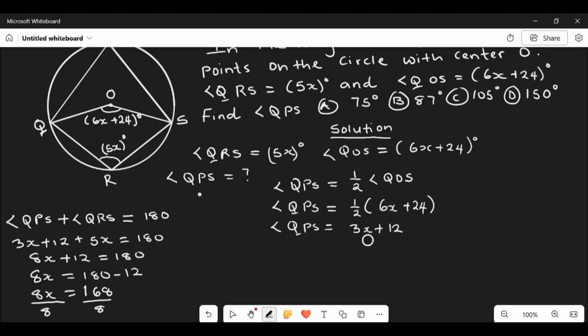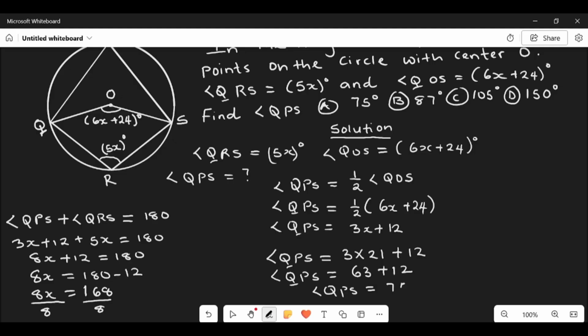So let us substitute the value of x into this equation in order to determine the value of angle QPX. Angle QPX equal to 3 multiplied by our x, which is 21, plus 12. 3 multiplied by 21 will give us 63. 63 plus 12 will give us 75 degrees.